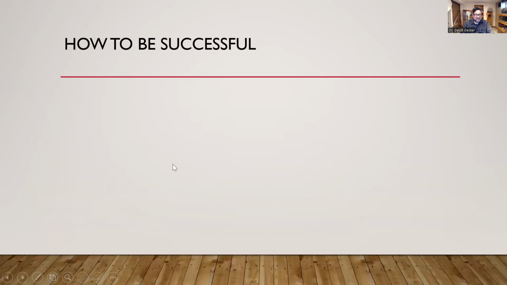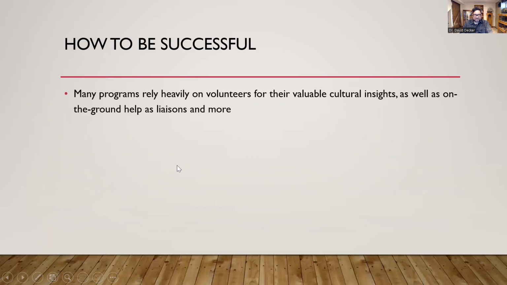So, how to be successful in international fundraising? This includes China, but also some of the other areas as well. How can you be successful? You need to rely heavily on volunteers for valuable cultural insights, as well as on-the-ground help as liaisons and more.